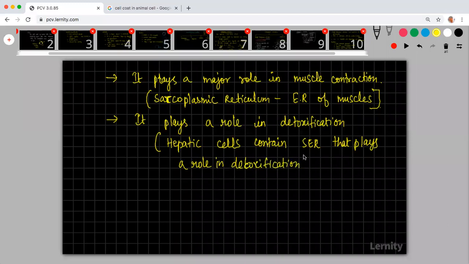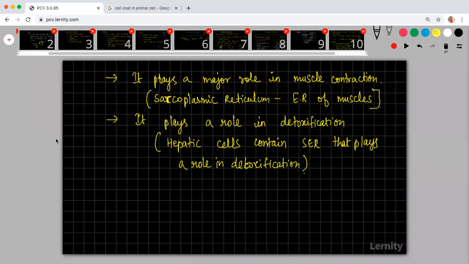For example, if your body has some toxins, they have to be removed. Who removes them? They are removed by your liver cells. So who in the liver cell helps with that? The liver cells contain lots of deposits of smooth endoplasmic reticulum that result in detoxification, basically.